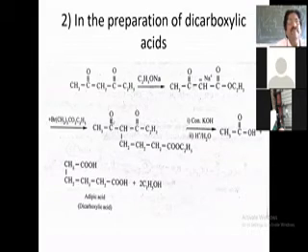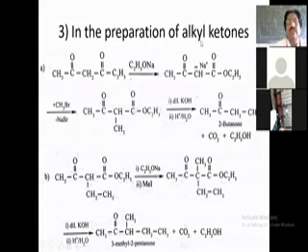The third one is the preparation of alkyl ketones. Once again, the first step is the same, with absolutely no difference. The ethyl acetoacetate is treated with sodium ethoxide, and you get the same step, no change. Now you require a ketone, hence we add ethyl bromide here.